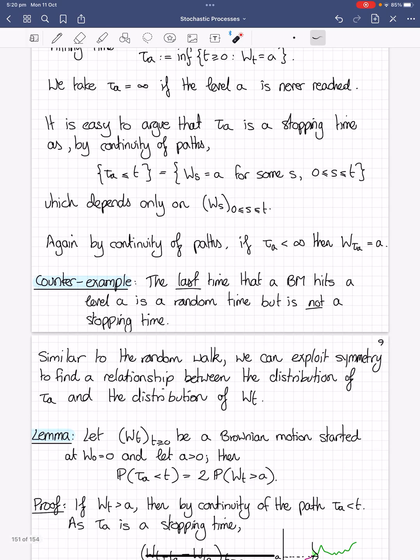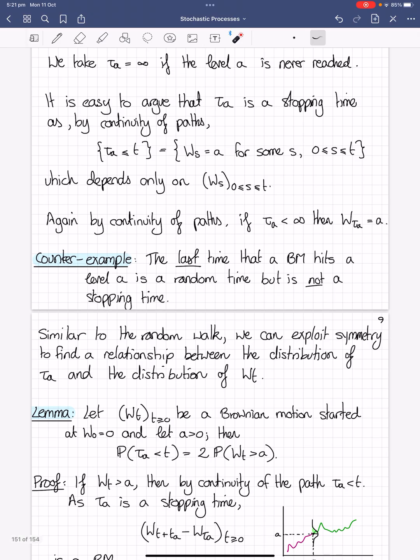Okay, so similar to the random walk, there's lots of symmetry in paths of Brownian motion, and we can exploit that symmetry to find a relationship between the distribution of the stopping time tau A and the distribution of the Brownian motion at time t. So this is a first nice little result about Brownian motion. That is, if W_t is a Brownian motion, which by convention starts at 0, and let A be some level that we choose, here a positive level.